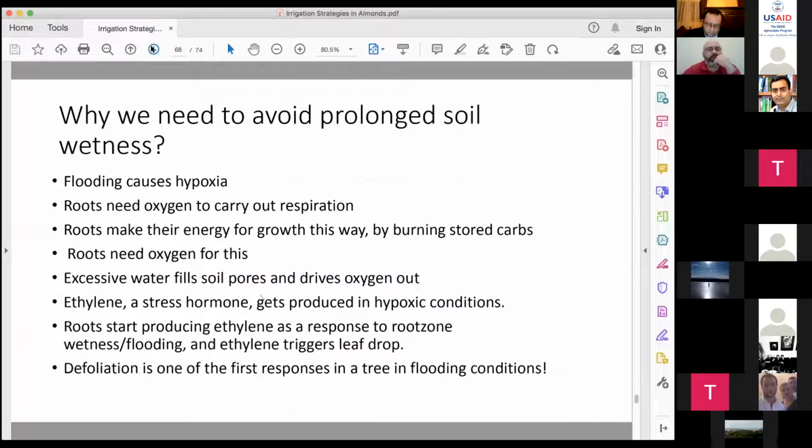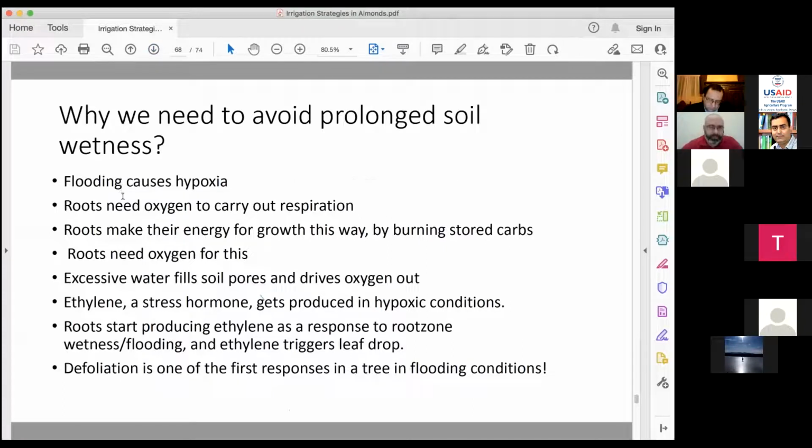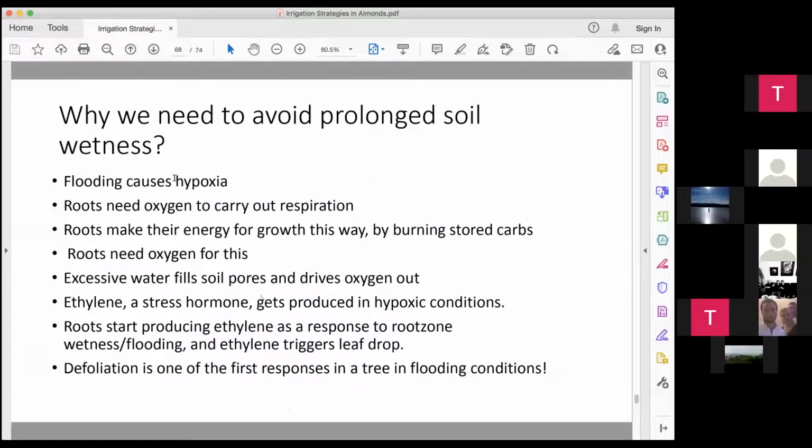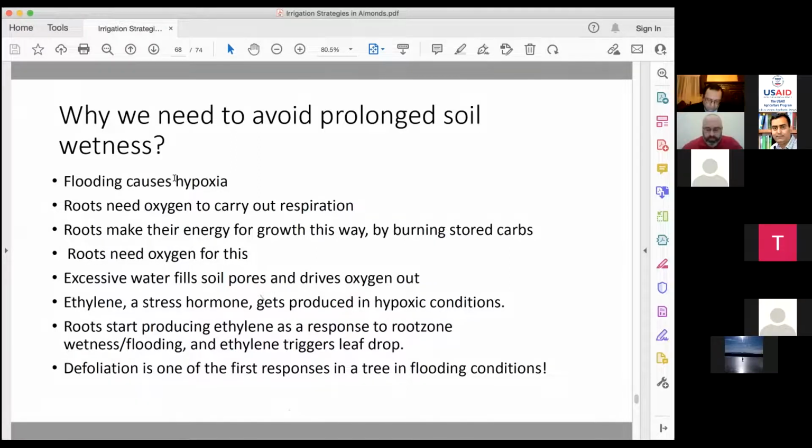Why do we need to avoid prolonged soil wetness? There are a lot of reasons to avoid overwatering. And one of them is that continuous flooding, continuous application of more water causes hypoxia, meaning lack of oxygen in the root system. And roots need oxygen to respire, to carry out respiration for their growth.